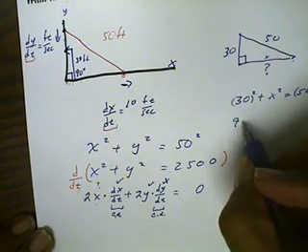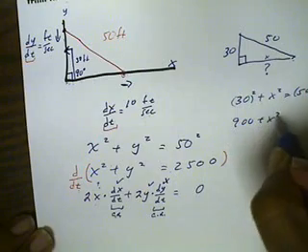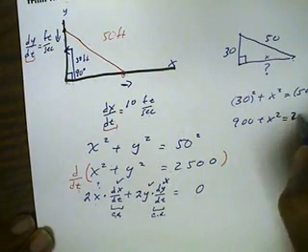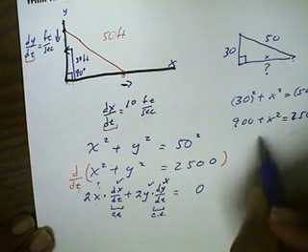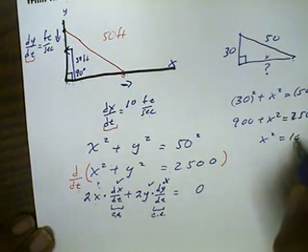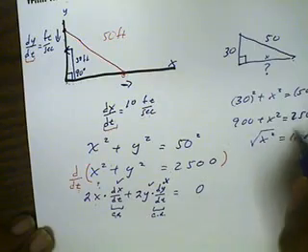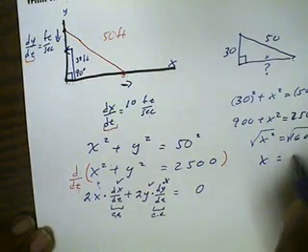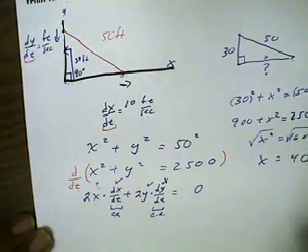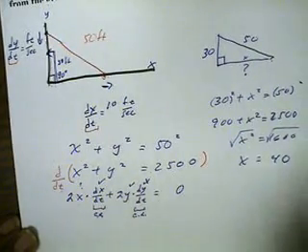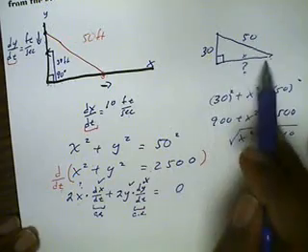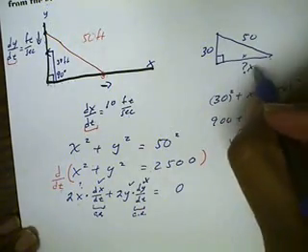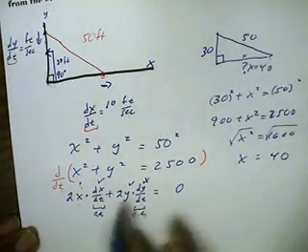This will be 900 plus x squared equals 2500. Subtract 900 from both sides and we get x squared equals 1600. And then the square root of both sides gives us x equals 40. Okay, so when this is 30 feet, this side will be 40 feet. So that's my other x.